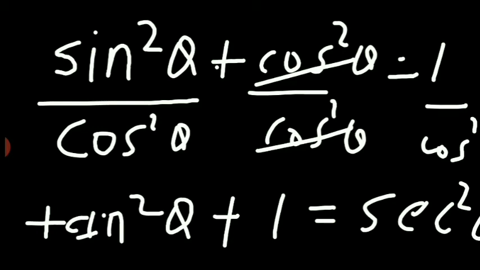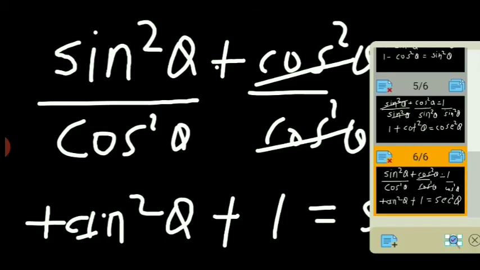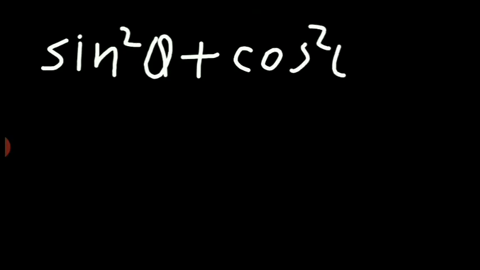So in this we have learned how we derive the given identities by using the Pythagoras theorem. These identities are here. First is sin square theta plus cos square theta is equal to 1.